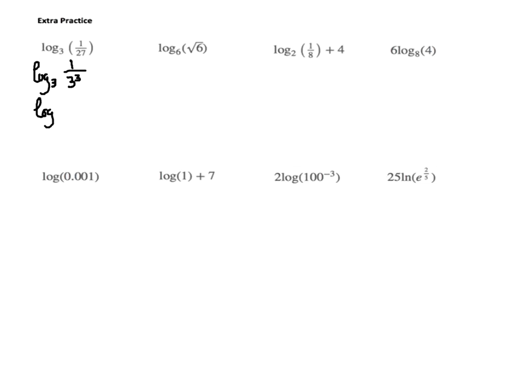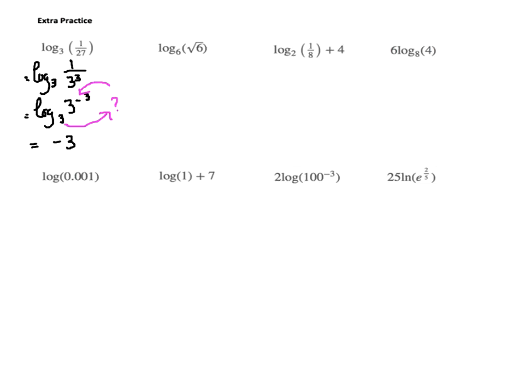I'm going to bring that up, log base 3 of 3 to the negative 3rd power, and that equals negative 3. Because this is asking, what can I raise 3 to, to get 3 to the negative 3rd power?